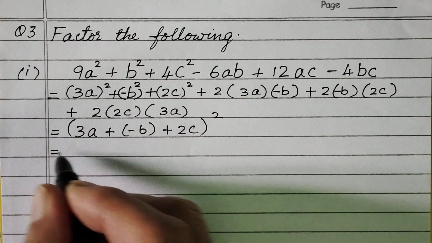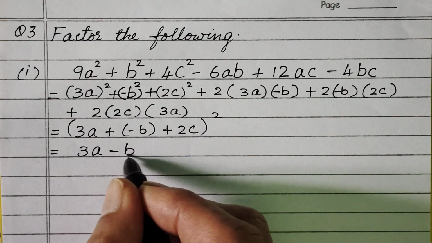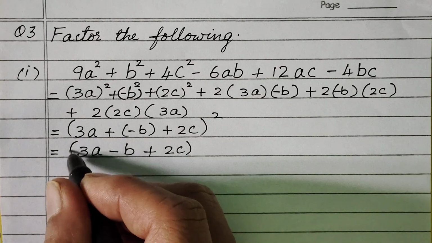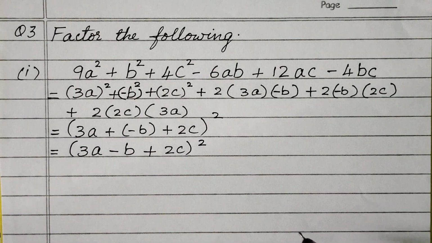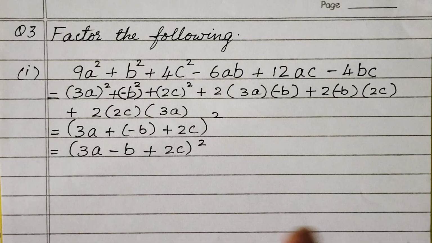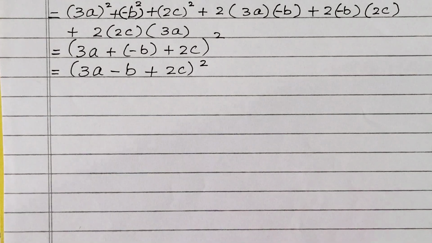This again I can write as 3a minus b plus 2c whole square. So it has been factorized. We'll go to the second sum.